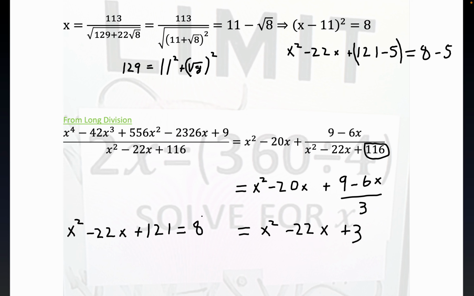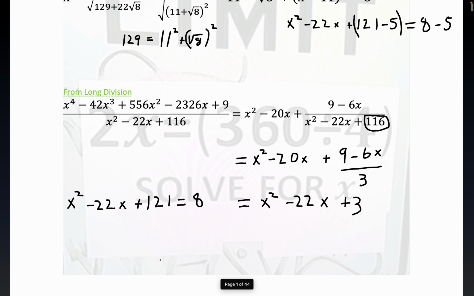Again, folks, I just took this and expanded it and wrote it right here. But look what happens. If you subtract 118 from this side and 118 from this side, you get x squared. Why did I want to subtract 118? That gives us what we're interested in right here: x squared minus 22x.